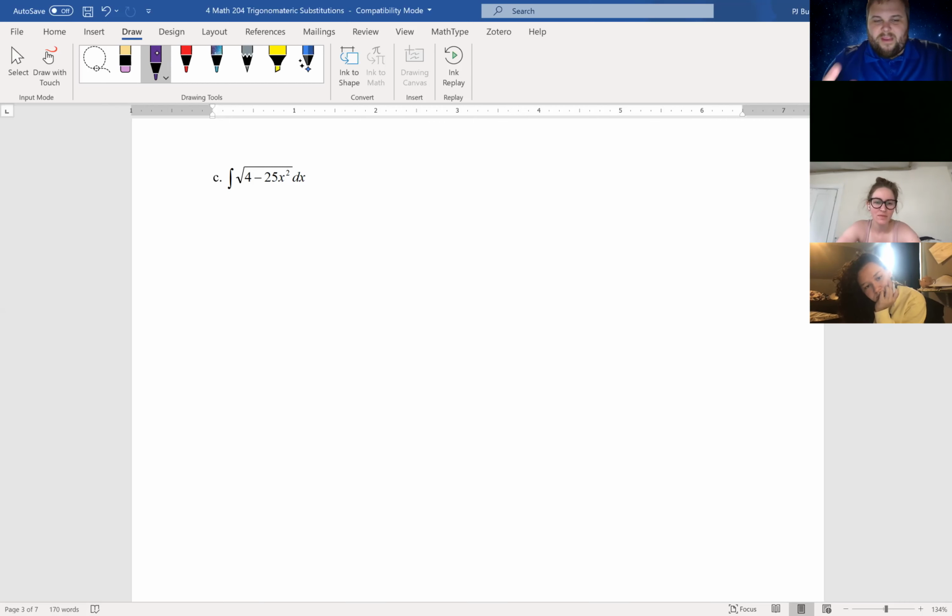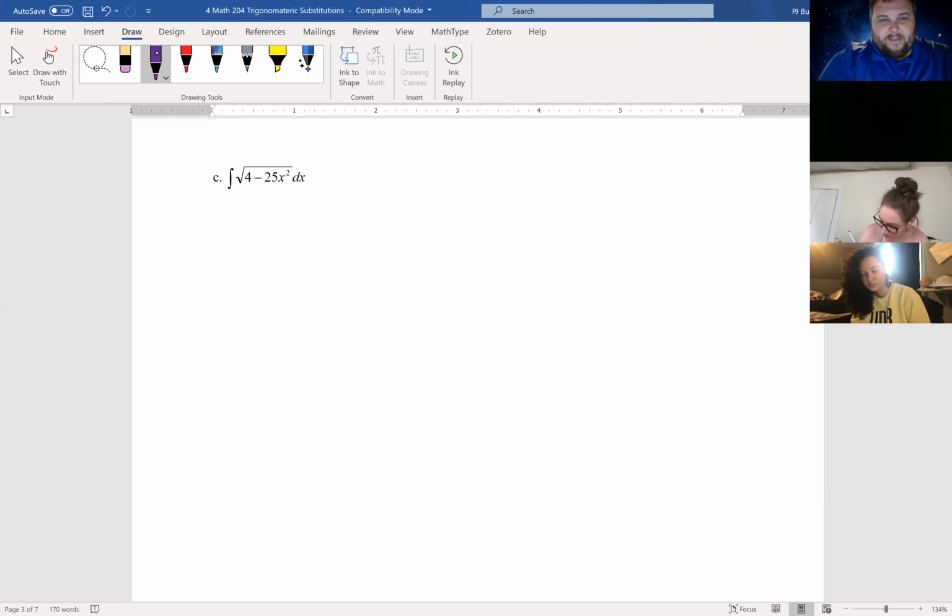So there's really two main methods. One of them is to divide through by 25 and factor it out. But I want to try something a little different here and see if it works for you.